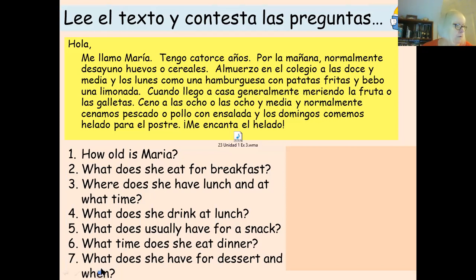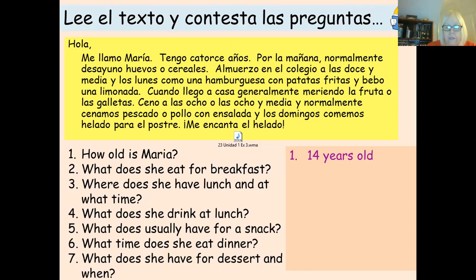Okay, so I'm assuming you've paused the video, you've done the work, and you are now waiting for the correction. So let's have a look. How old is Maria? It says here, tengo 14 años. She's 14 years old. What does she eat for breakfast? So the verb you're looking for here is desayuno.